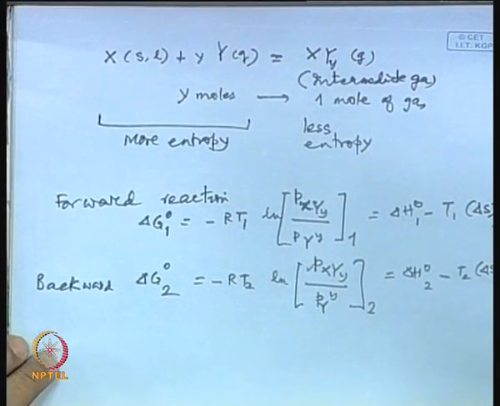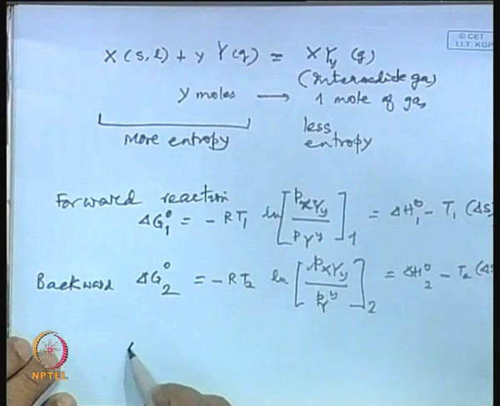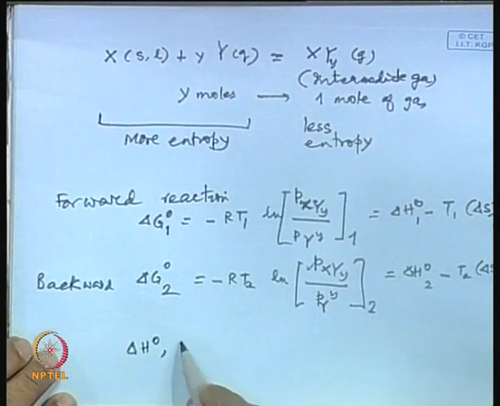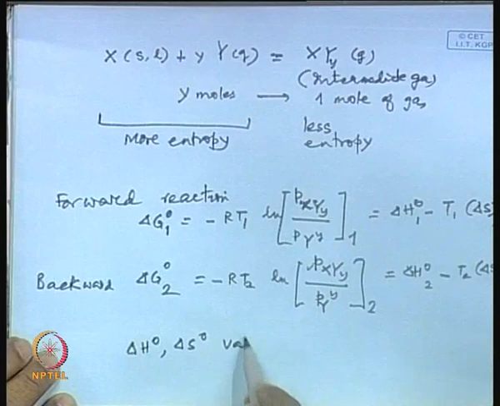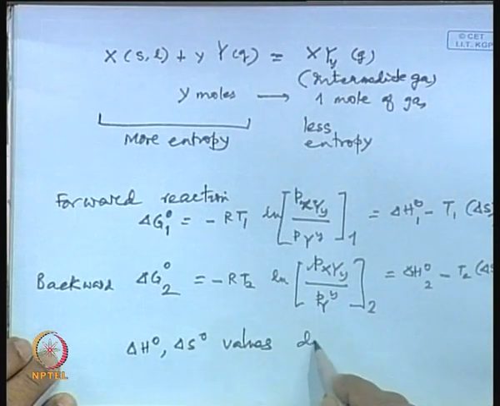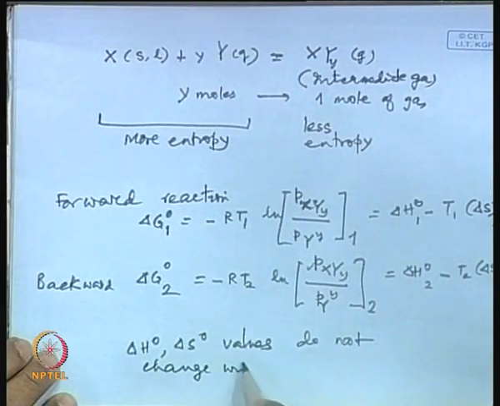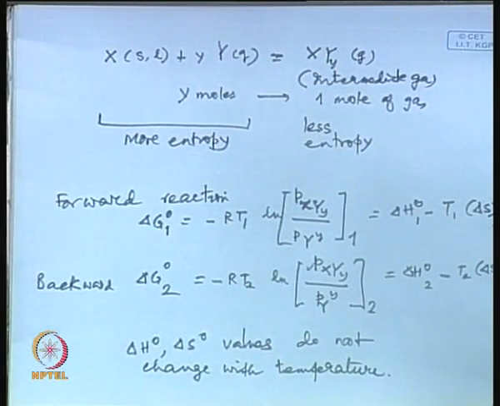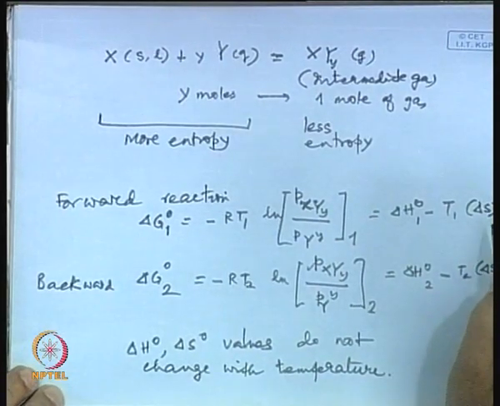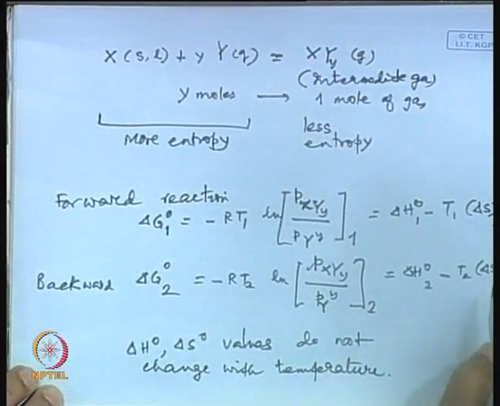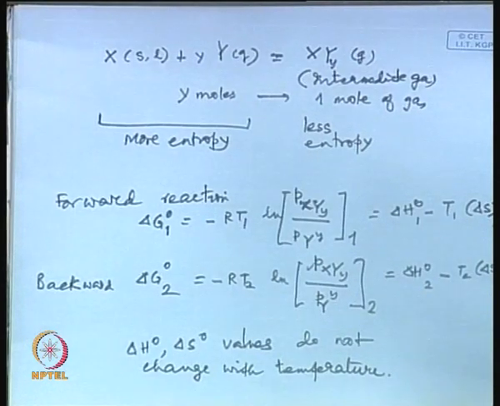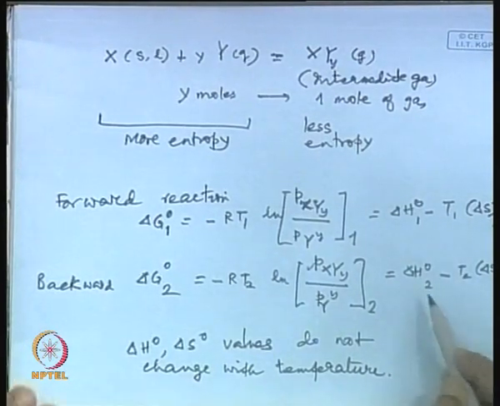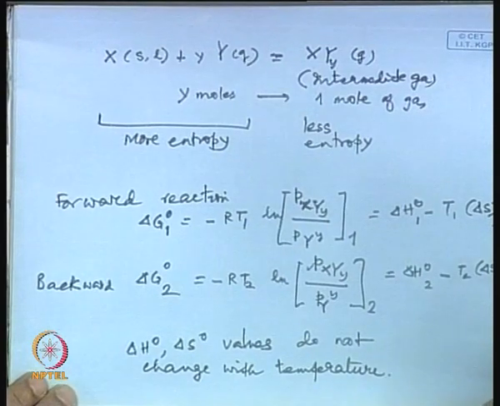Now, I mentioned before that normally delta H naught, delta S naught values do not change with temperature. So, we can actually get rid of the notations 1, 2, etcetera. It is delta H naught minus T delta S naught.